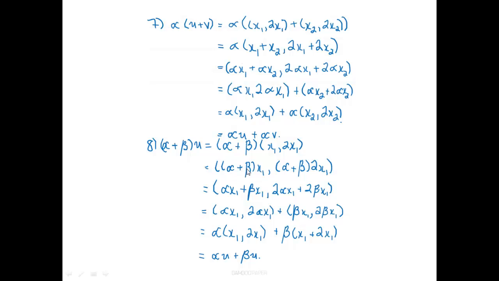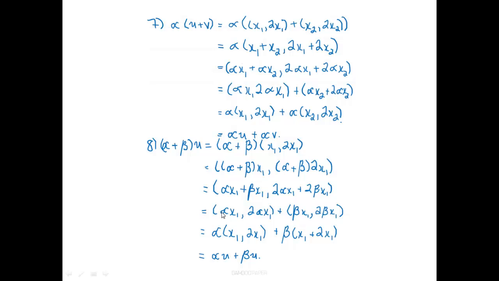Now there is distributivity in R because alpha, beta and x1 are real numbers. So by right distributivity, we have alpha x1 plus beta x1, and same thing with the second component. Now I use my standard definition of addition in R2, and break this down to (alpha x1, 2 alpha x1) plus (beta x1, 2 beta x1).